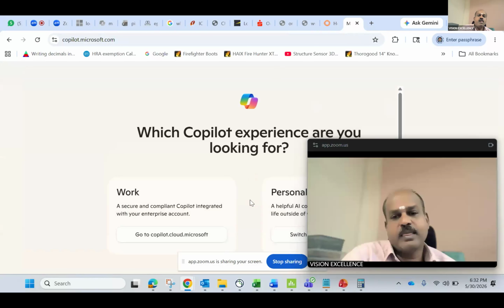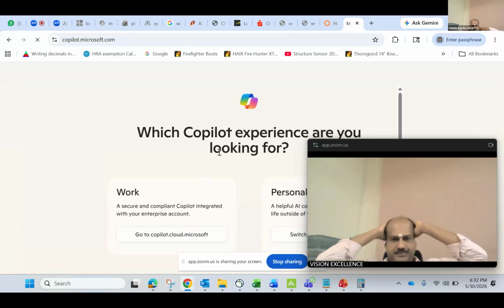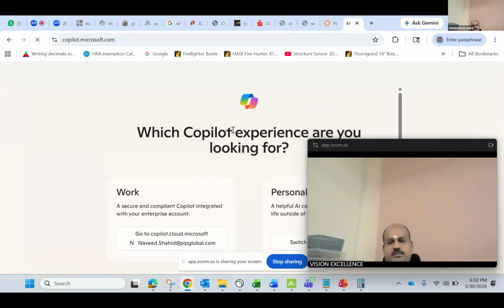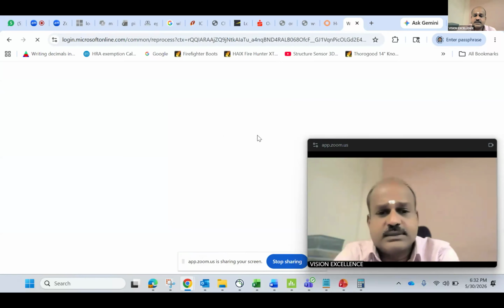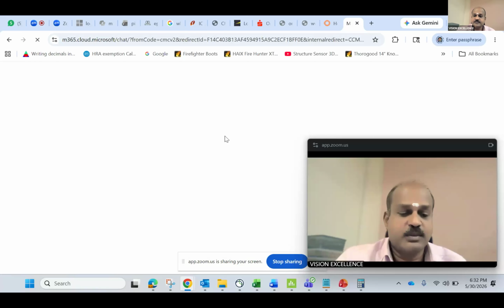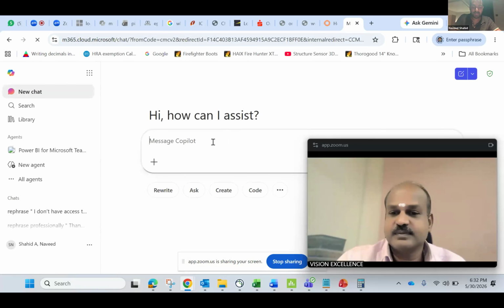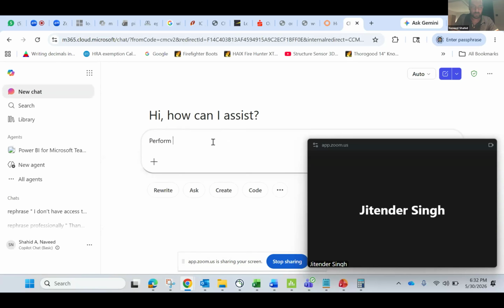Just paste that data and ask your Copilot to perform chi-square test for the below data. Let's see what it does.